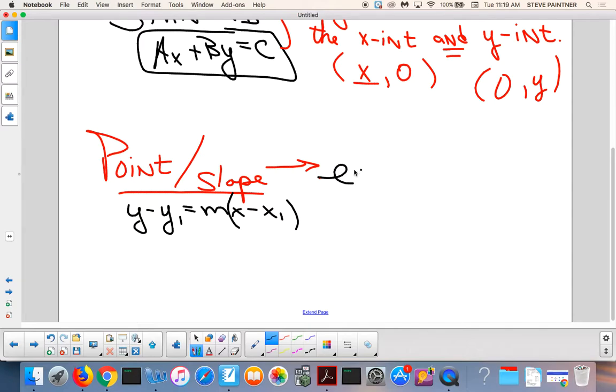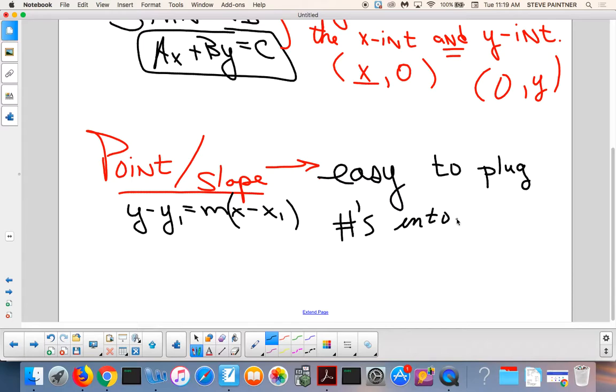I'll tell you, because you haven't worked with it: it's easy to plug numbers into. And I'll show you how easy it is in one example. That's it, it's that easy. Easy to plug numbers into, then when I plug the numbers in, this is what you do today. Once you plug the numbers in, then solve it.